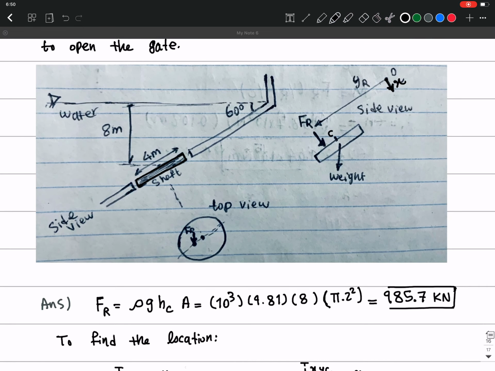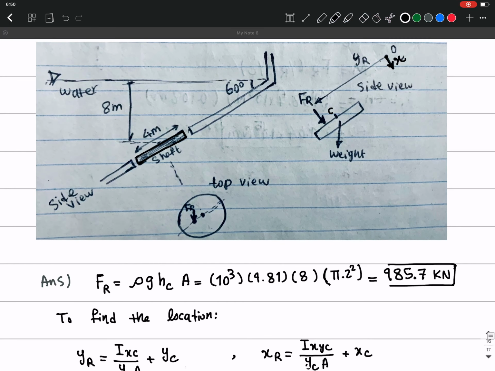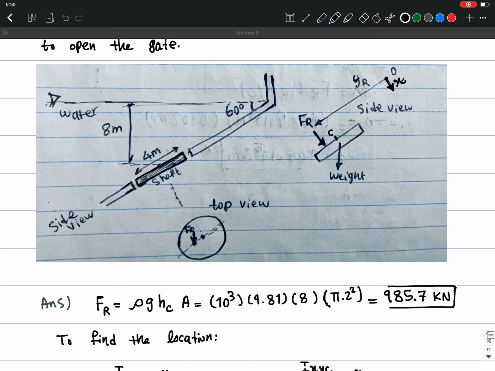Okay, so the location of this resultant force, or yR, which is going to be somewhere around here if I want to show it, is going to be around 9.37 meters from the origin. Okay, this is the location of that, and the magnitude of that is going to be 985.7 kilonewton.